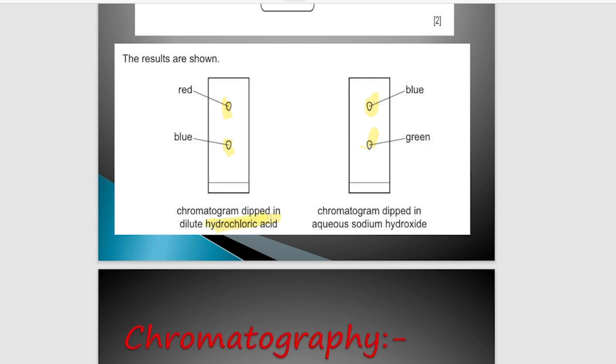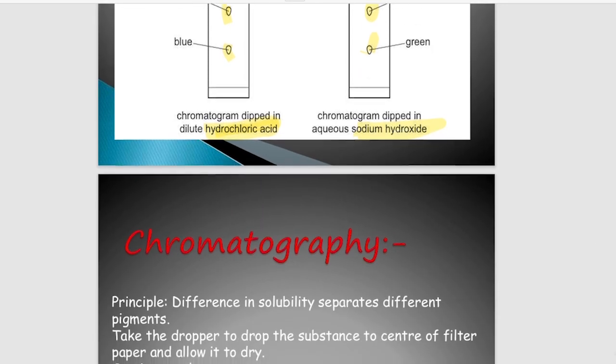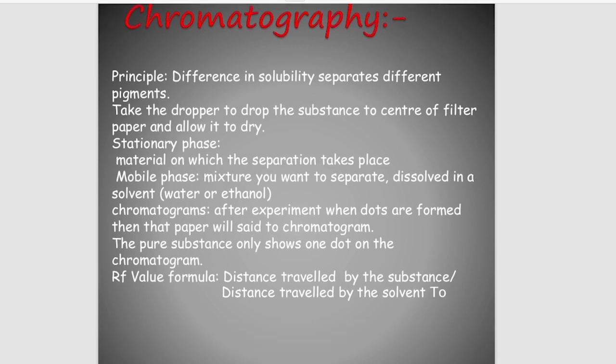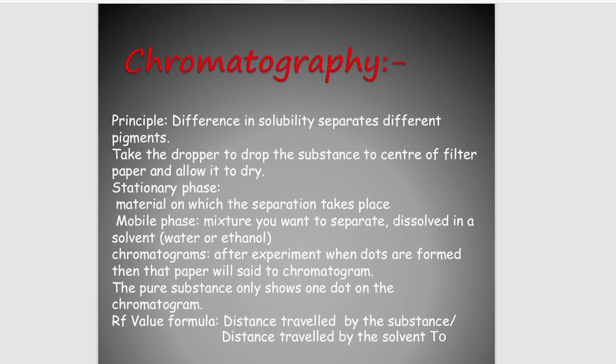If you use this solvent, you will get these two colors. When you dip it in alkali, that is sodium hydroxide, two different colors will be identified by this experiment. Chromatography is basically a technique, and the principle of chromatography is solubility. The more soluble the substance is in the solvent, the farther away the spot will be formed on the chromatogram.